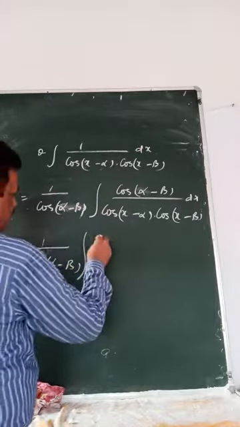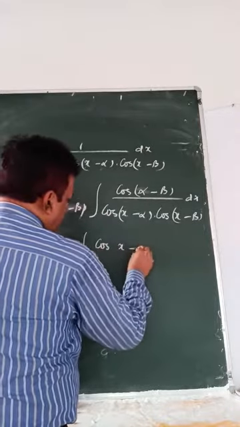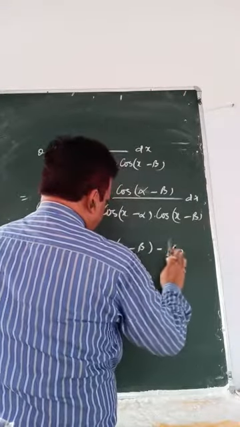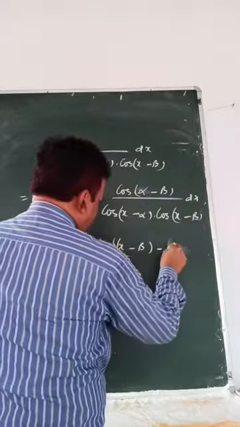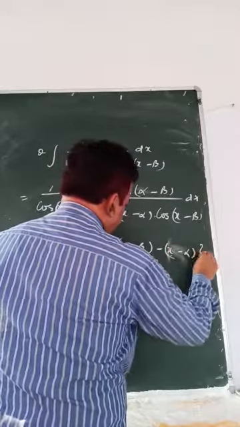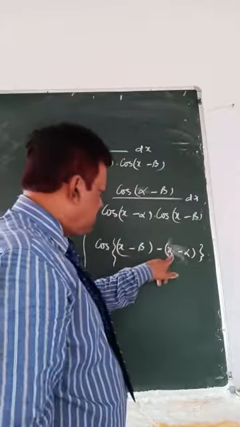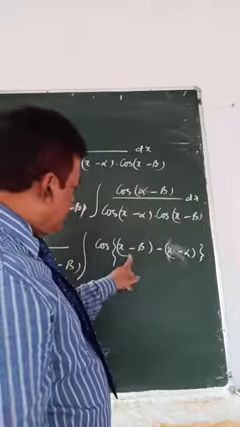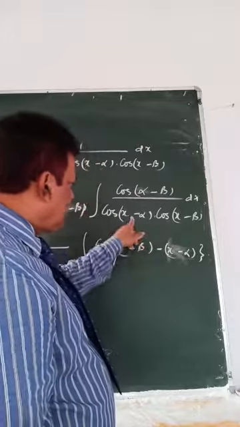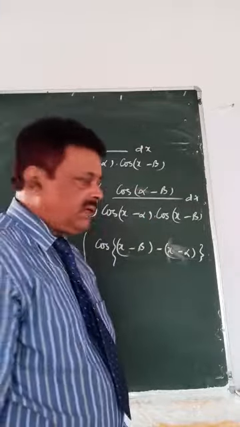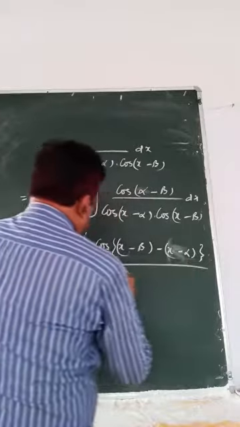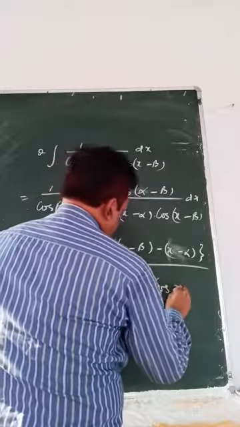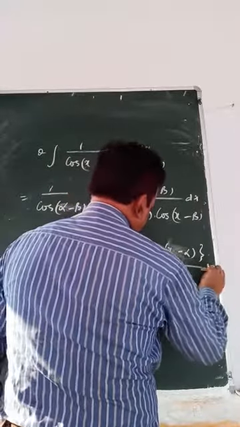This part you are writing cos x minus beta minus x minus alpha, because x and x will cancel, minus beta minus minus plus alpha. So this creation you have to imagine, how to get this factor here. Then divided by cos x minus alpha cos x minus beta dx.